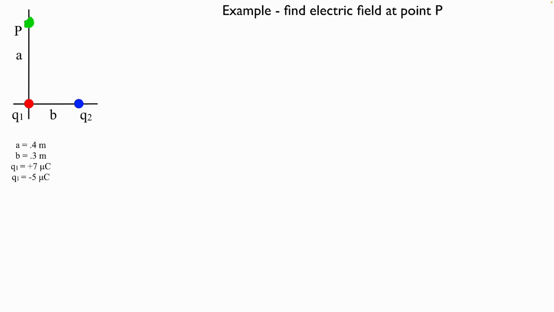Okay? So that's why you don't ever find the electric field of a charge at a point. The charge is never at the point. The point just has to be in space. We want to find the electric field at point P because charge 1 and charge 2 exist. Well, we know kind of how to do this.